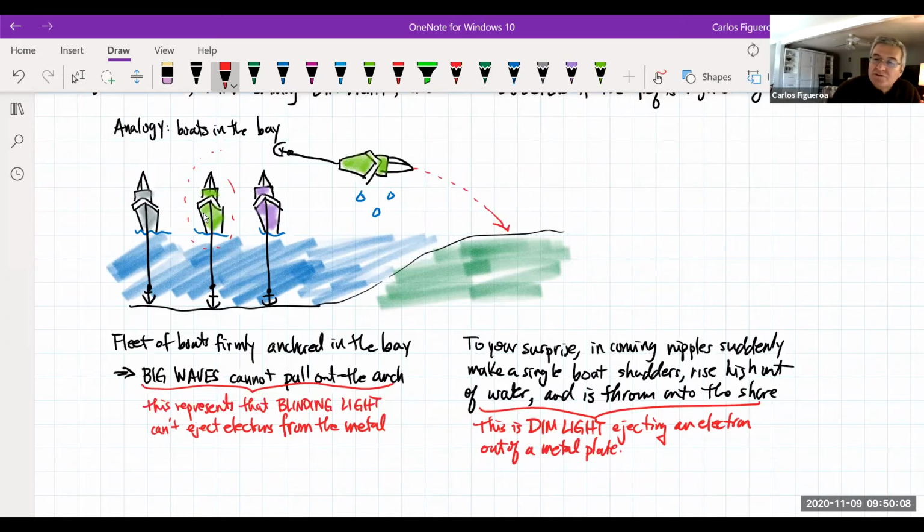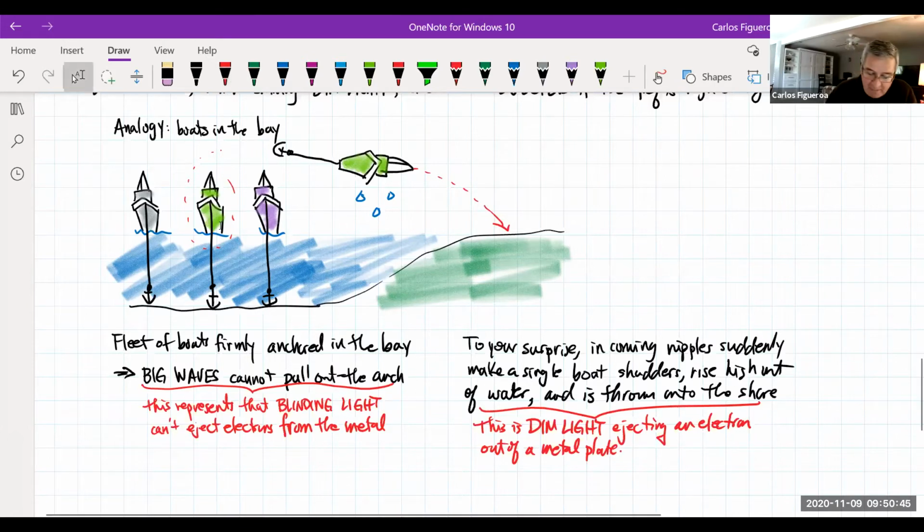You have boats anchored, with incoming waves that are not able to knock any of these boats out. But yet you get these ripples floating in the whole bay. And yet one of these ripples can take a boat out, toss it out of the water and throw it onto the shore. You've got to admit, that's crazy. There's no way that should happen here.